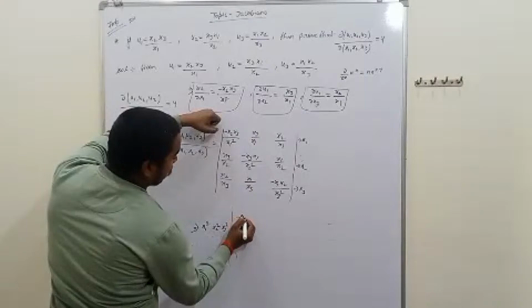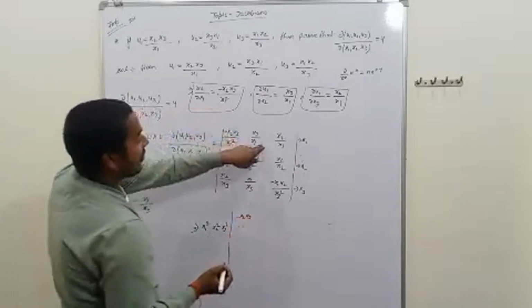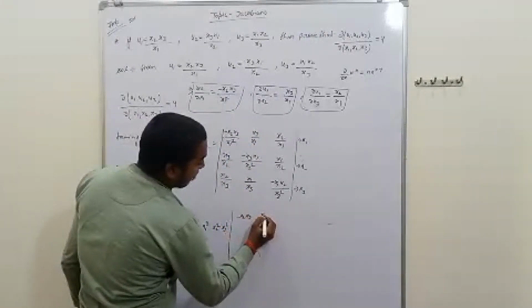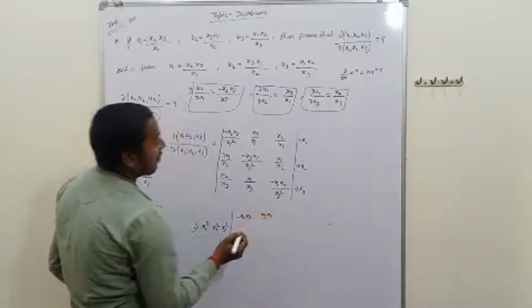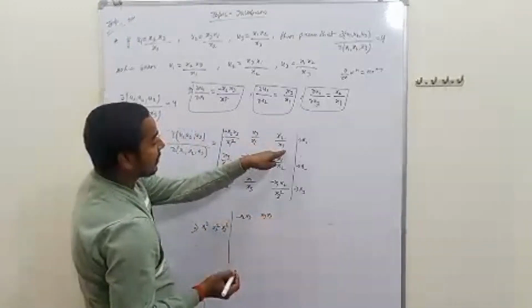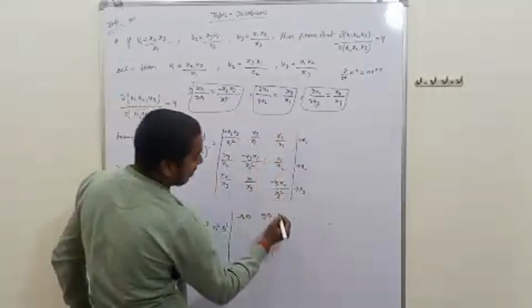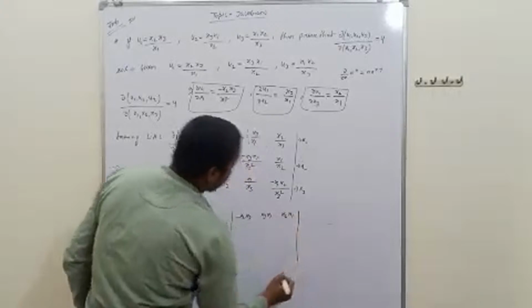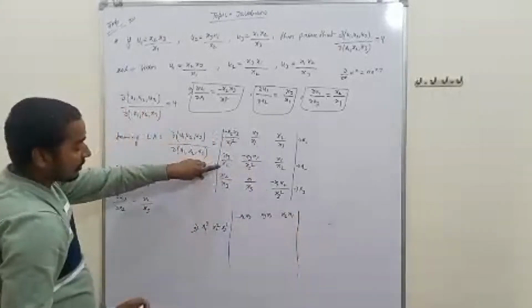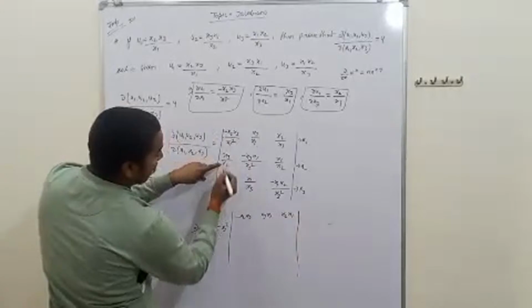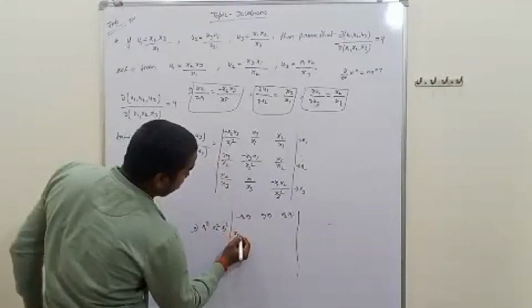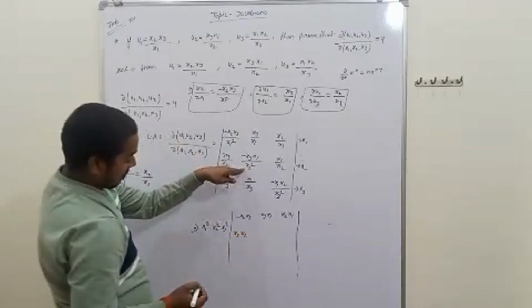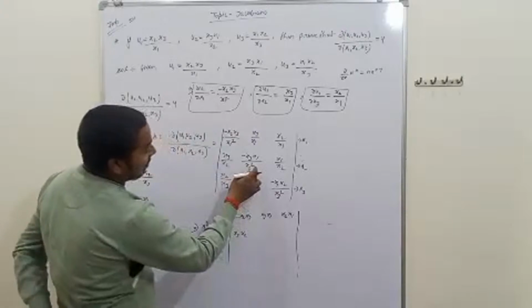minus of x2 x3, and from here we have to take x1 square. Then we have here x3 and x1. Further from here we can also take common x1 square. x1 is already present, that is we can also write x2 x1. In the second row we have to take common x2 square. Here is one x2, that is we can also write x3 into x2, and for this row we have to take common x2 square.